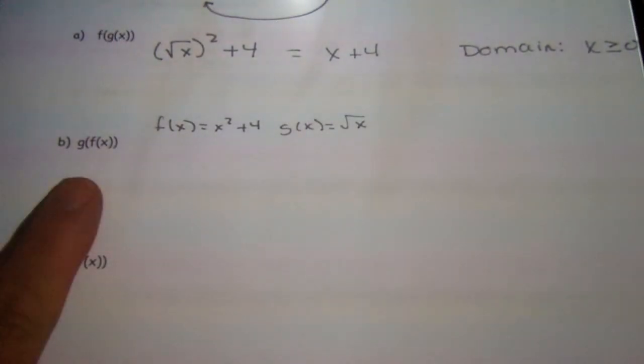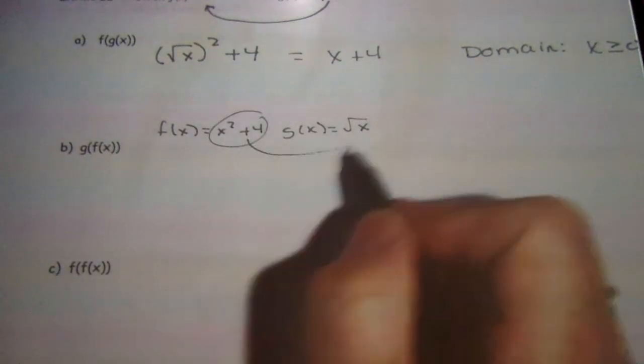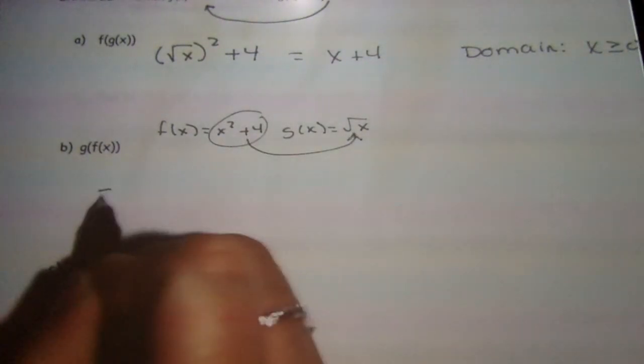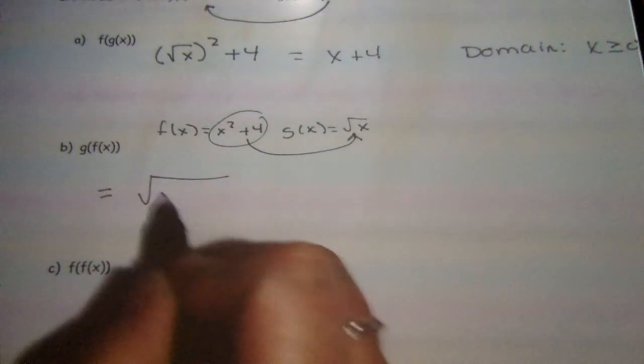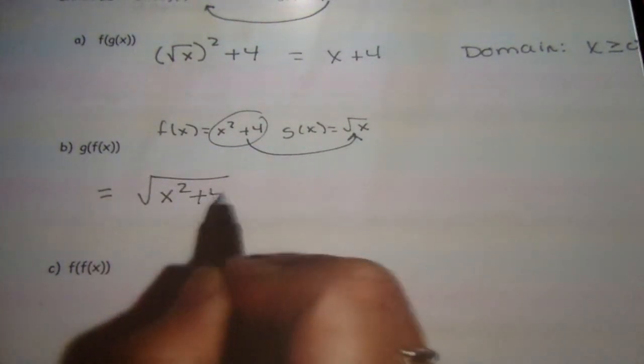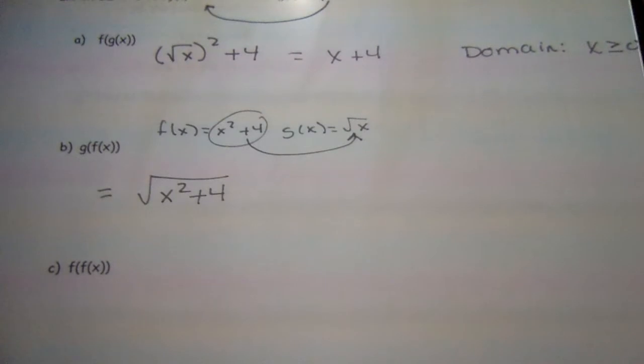How do I do g of f of x? This goes in right there. Does this simplify? Please don't tell me x plus 2.